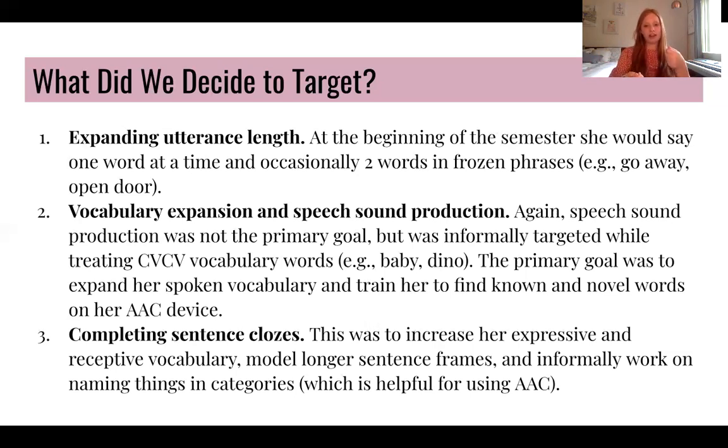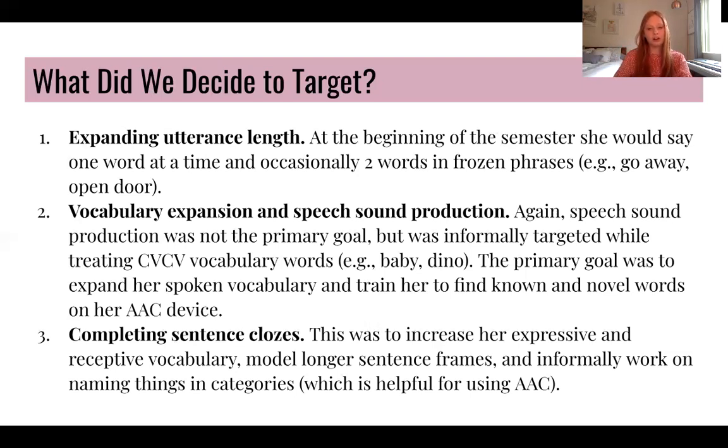And most of the time she would select the right one for body parts, at least. She would select the tongue and she would say tongue, or we would have her navigate to it in her AAC device, and then we would put the tongue in the potato and then do another one with a hat and a hand. And so that was just a way to work on her expressive vocabulary because she would have to say the word, informally target categories because we're talking about all of the same things in the same context, which helps her group them together.